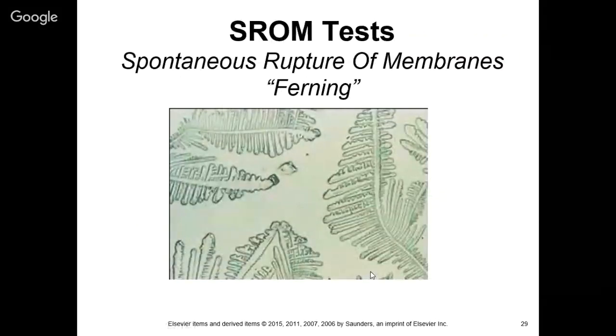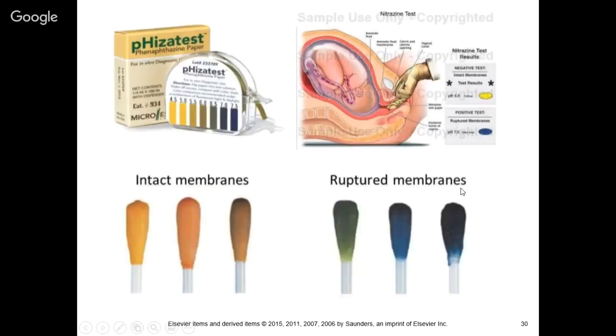Spontaneous rupture of membranes. If you were testing the amniotic fluid under a microscope, you would see what's called ferning. It's pretty cool. This isn't really done that often, but it is a nice image. So there are some tests that they can do to check to see if the water broke, to see if it's not just a woman, her bladder's being squished by the baby and she just had a little bit of leakage.